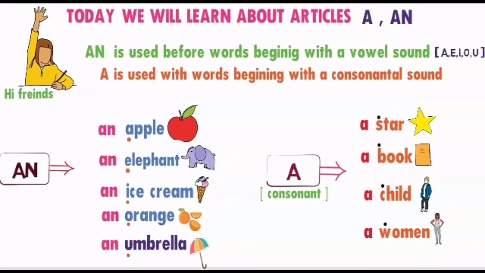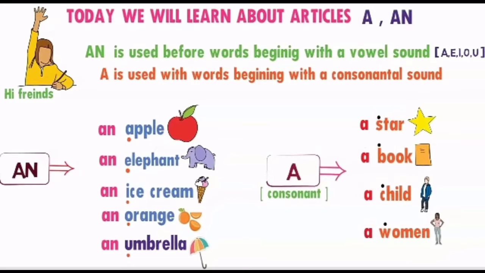First we will see examples of an: an apple, an elephant, an ice cream, an orange, an umbrella. Now see examples of a: a star, a book, a child, a woman.